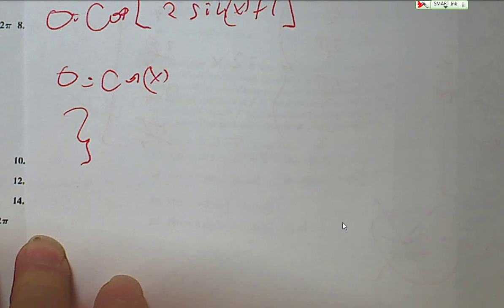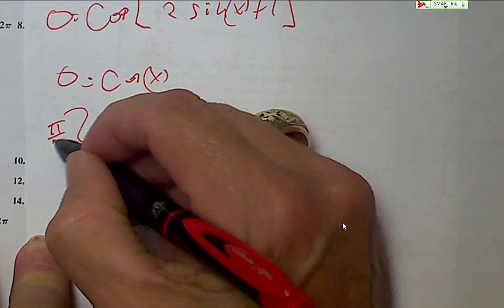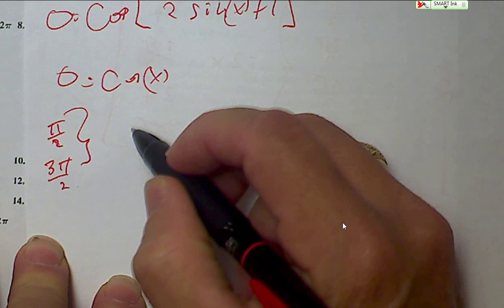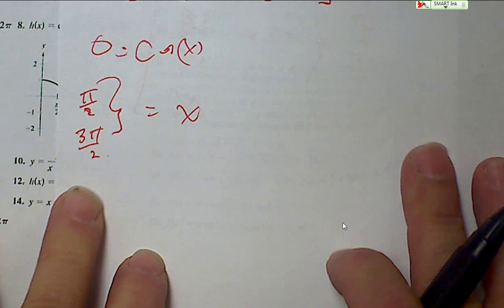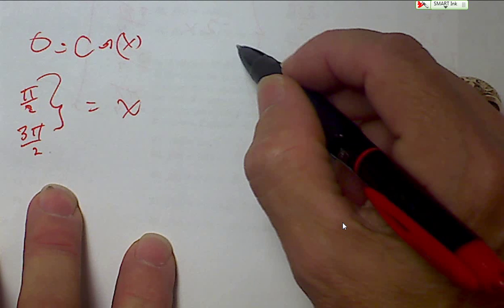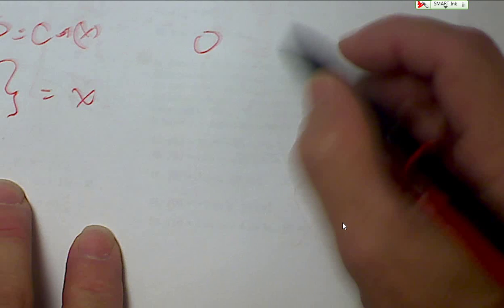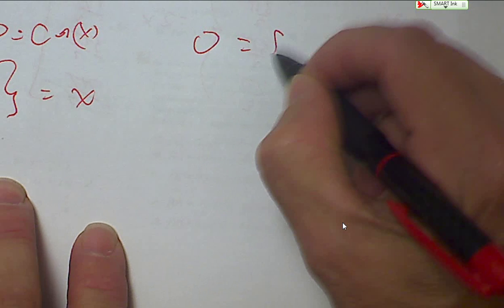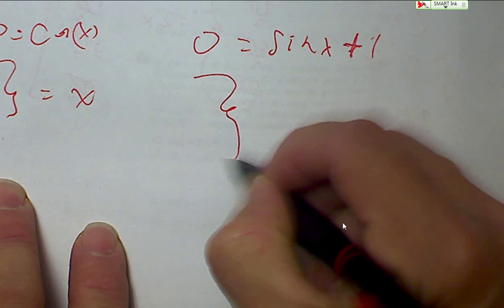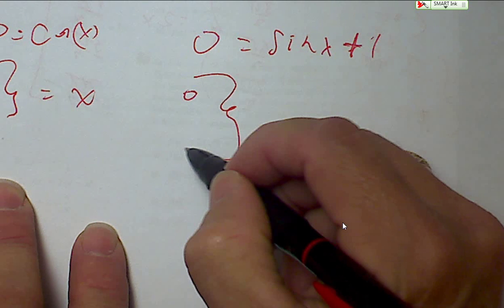Pi over 2 and 3 pi over 2. So those are 2 critical points I have to evaluate. Okay. All right. When does sine of x equal 0? 0 and pi.